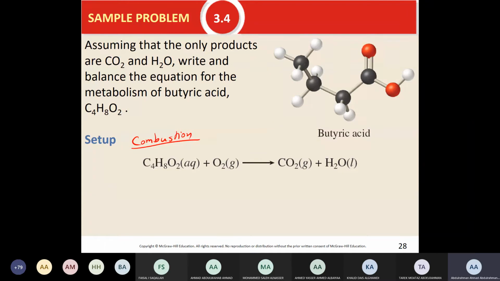Okay, what's the first thing I will put on this side? Carbon. Multiply by 4 on the product. Hydrogen. Keep the oxygen always the last thing. Hydrogen. What should I write? Multiply the product by 4. Very good.